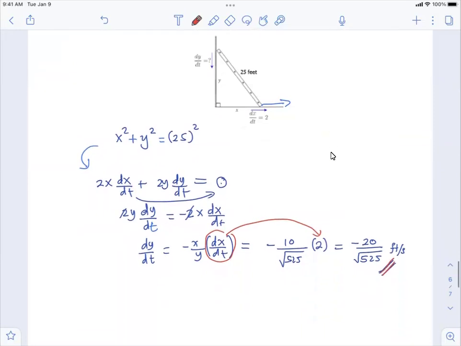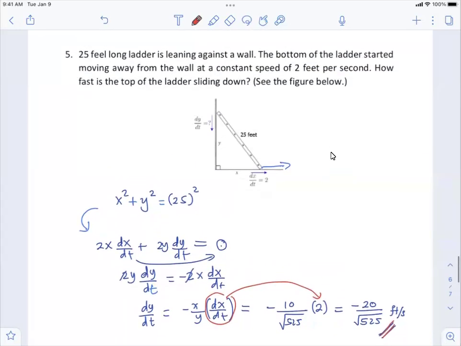So at this point, let me say, even with this problem right here, how fast is the top of the ladder sliding down? I would say when the bottom of the ladder is 10 feet away from the wall.